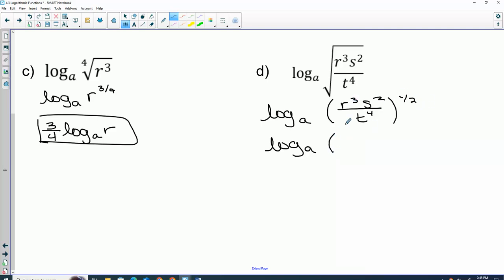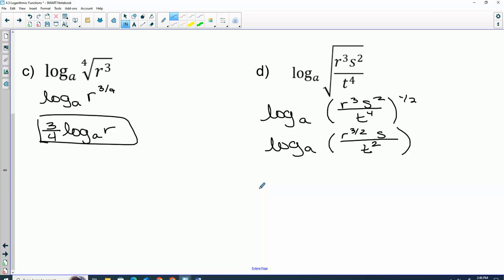With a power to a power, you multiply. So that's r to the 3/2. S, 2 times 1/2 is just 1, over t, 4 times 1/2 is 2. Am I done yet?